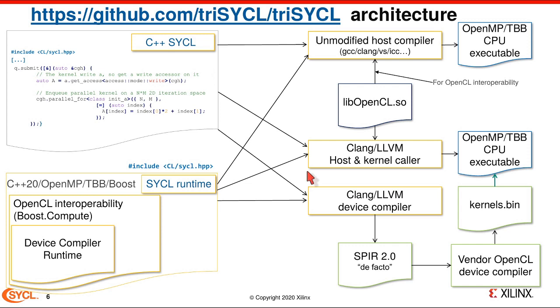Then you need the Clang LLVM device compiler from SYCL, which will extract, for example, the kernel part of the program and generate some LLVM IR with some decoration. That's what we call SPIR-df. From that, you can target your OpenCL-like device compiler backend, which will generate some kernel binaries. The host part is also compiled by the same device compiler, which will do the opposite work by selecting all the non-kernel parts and adding the glue logic to the final binaries to be able to execute the kernels generated by the device compiler on the device.